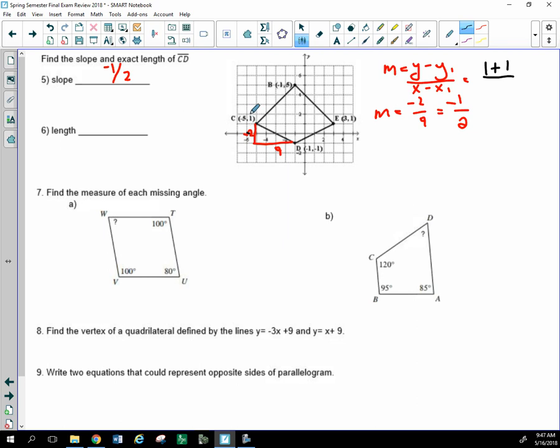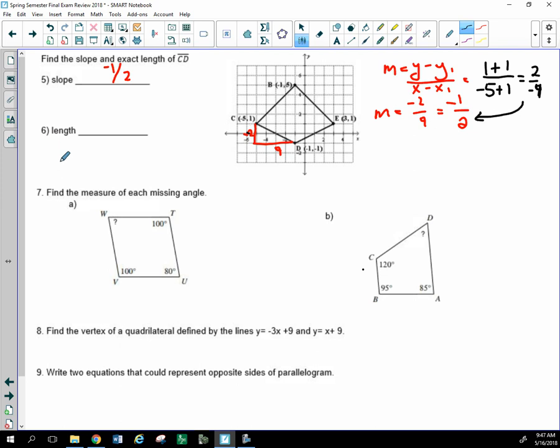Since I started with this 1, I go with the negative 5, so it would be negative 5 minus negative 1 for my x values, and so I would get 2 over negative 4, which again reduces to negative 1/2. All right, so if you don't have the picture, you'll have to do the slope formula or draw the picture. In this case, since I had the picture, I could just count.